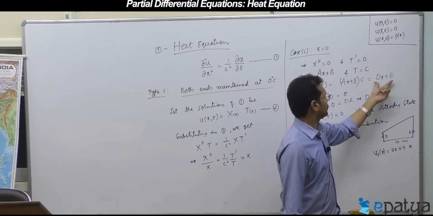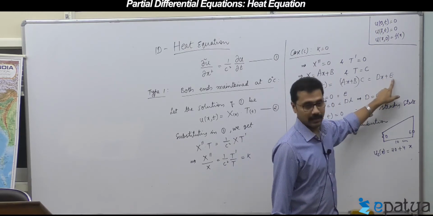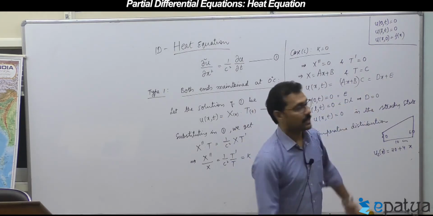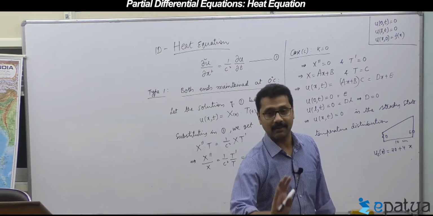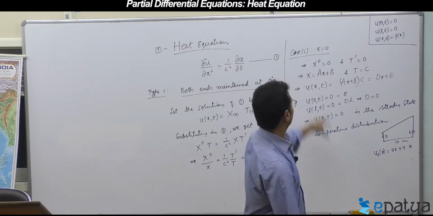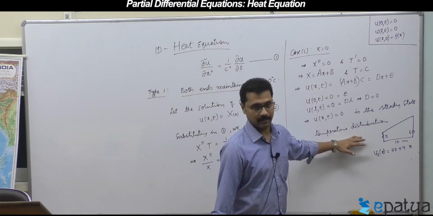The D and E values I would be getting as 4 and 20. We'll see this scenario later on. But I just want you guys to understand that k equal to 0 is not an invalid case. It is completely a valid case which actually gives us steady state temperature distribution inside the rod. Is this clear? Okay.